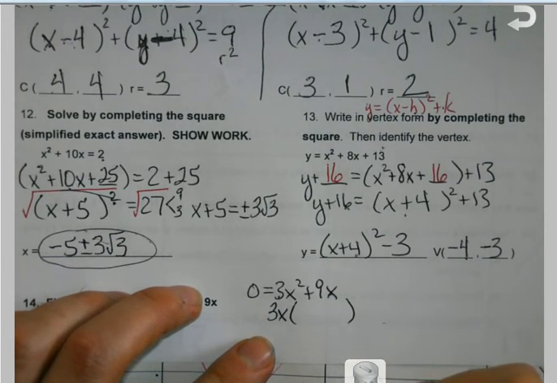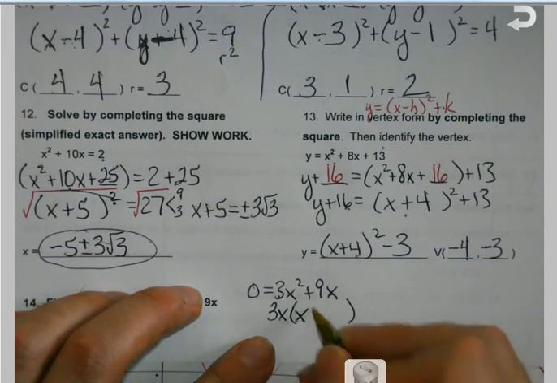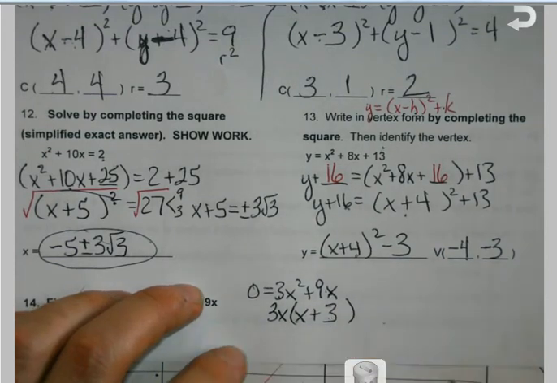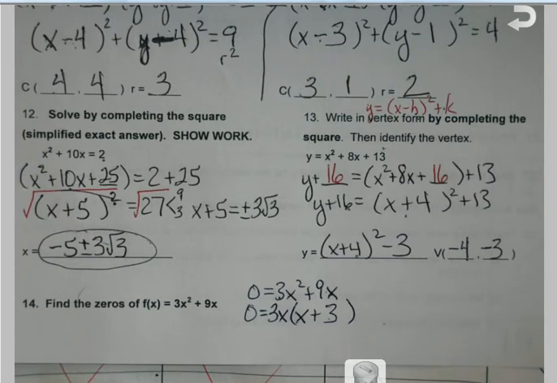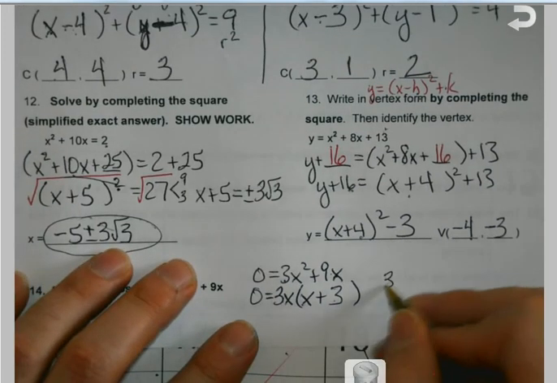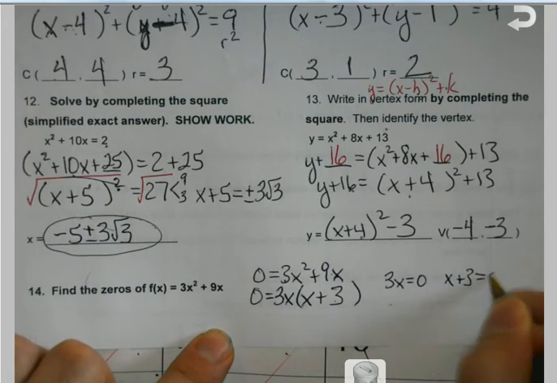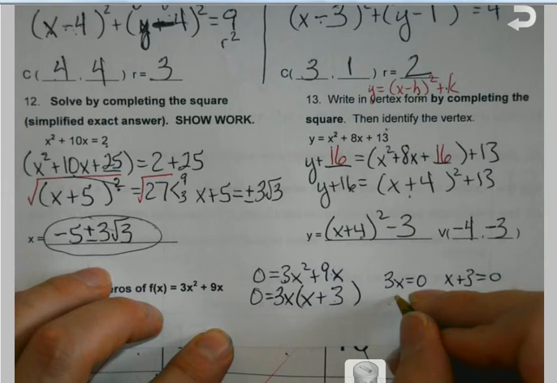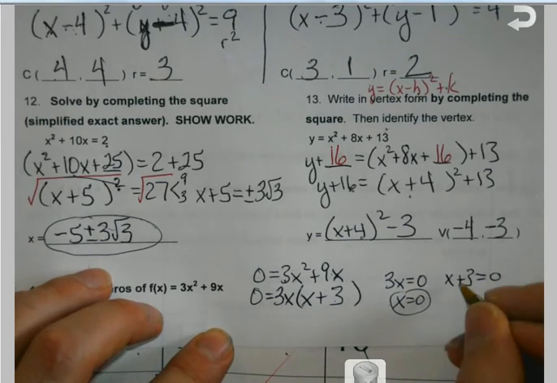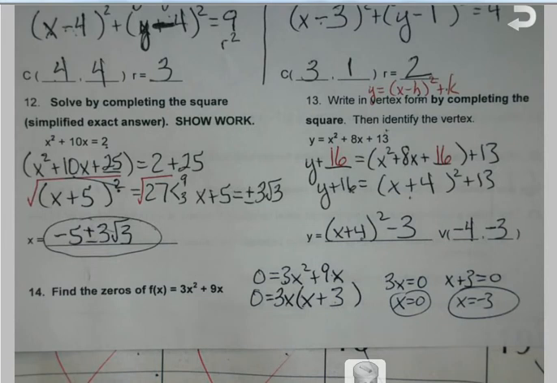And then I'm left with x, because 3x times x is 3x squared, and 3x times 3 is 9x. And I'm just going to set each of those equal to 0, and that's going to give me my 2 zeros. Because typically, whatever the exponent is here is going to tell you the number of zeros there's going to be. Subtract my 3 over. And we're good to go there.